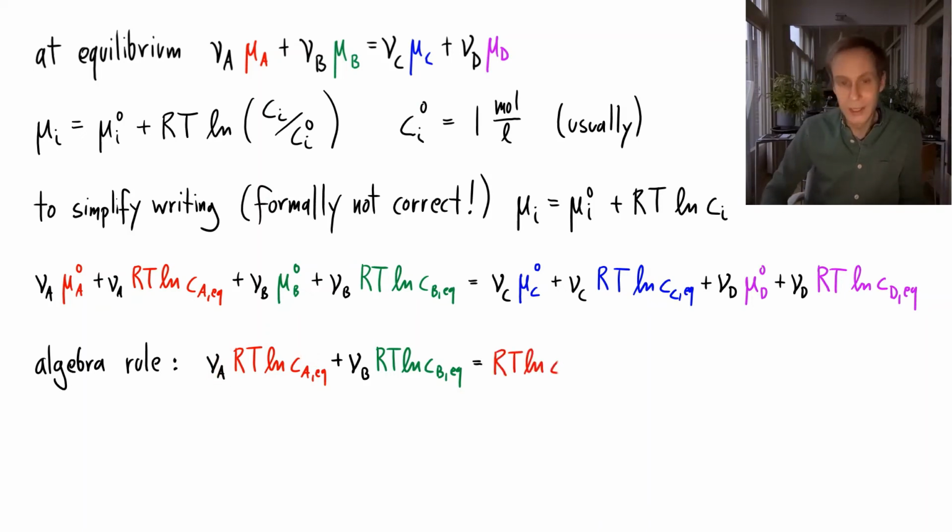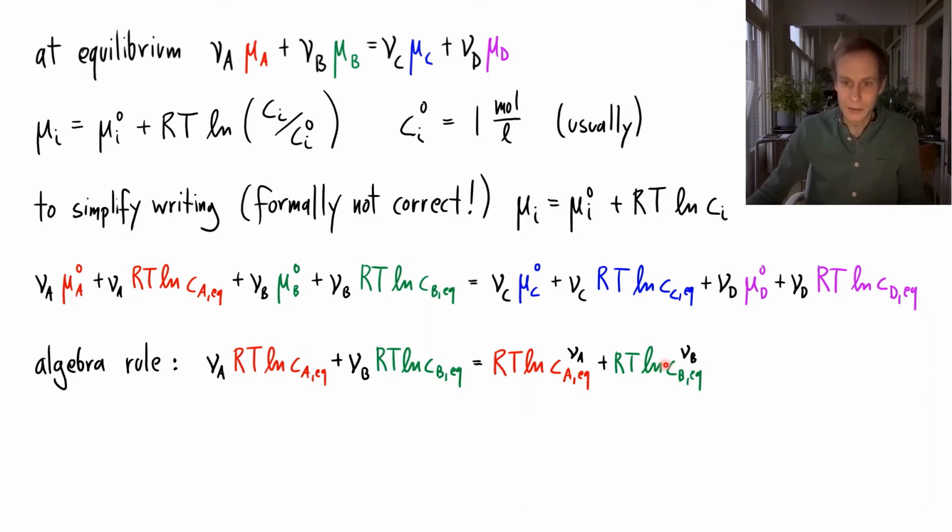In this case, I'm doing that for the stoichiometric coefficient nu A. Right? I move this nu A into the exponent inside of the logarithm expression. And I do the same for the stoichiometric coefficient of reactant B.